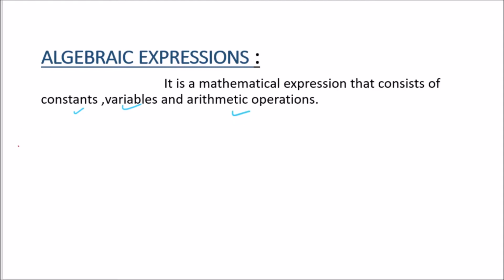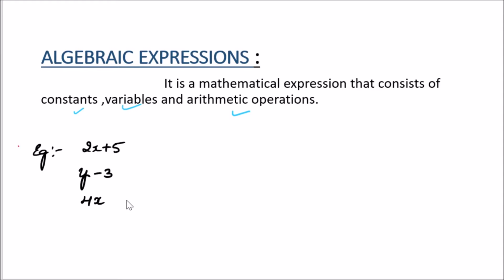Let me write some algebraic expression examples. 2x plus 5. See, it has constants, it has a variable and it has a plus sign. Let me write one more example: y minus 3, or simply 4x. It is also an algebraic expression. 4x is nothing but 4 into x.